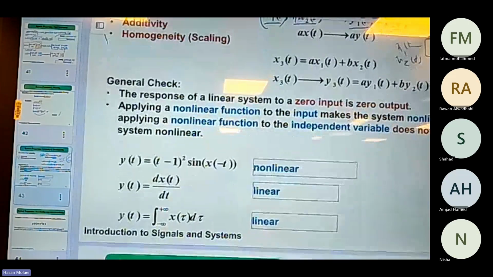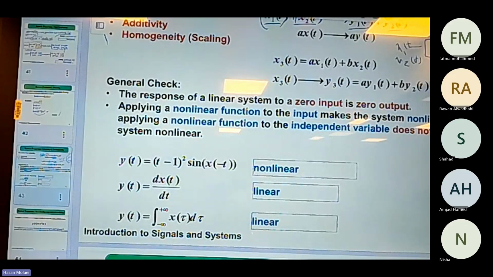So let's see how we check linearity. Is this one linear or not? In general, linearity is something like that: it should be a coefficient times x.